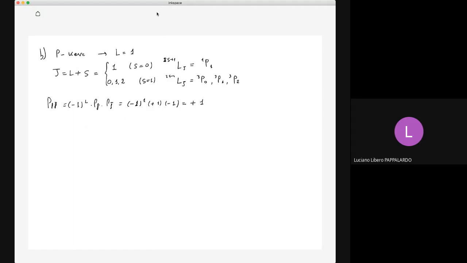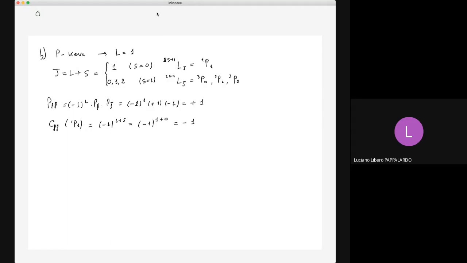Let's now calculate the charge conjugation, and here we have to distinguish between the various cases. For the 1P1 case, this is (-1)^(L+S), as we have seen before. So we just need to substitute 1 for the orbital angular momentum and 0 for the spin, because this is the singlet case, and so this is just -1.